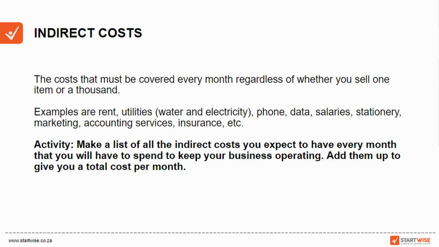Unlike with the direct costs, we're not dividing it up per service or per product or per hour. It's just the total amount that you pay for the month. And then I need you to add all of those up so that you have the total cost per month of your indirect costs in your business.